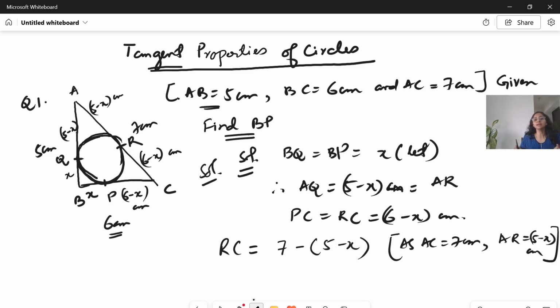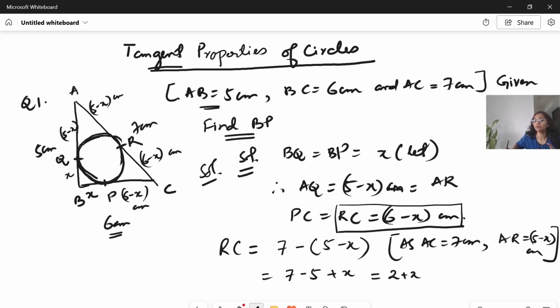So RC can be written as 7 minus (5 minus X), which becomes 7 minus 5 plus X, which becomes 2 plus X. So we are getting RC as 2 plus X, and over here we have got RC as 6 minus X.